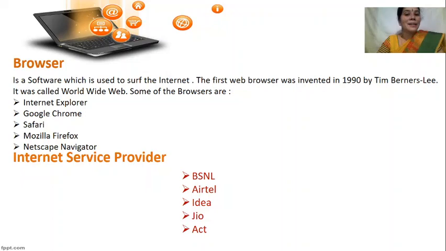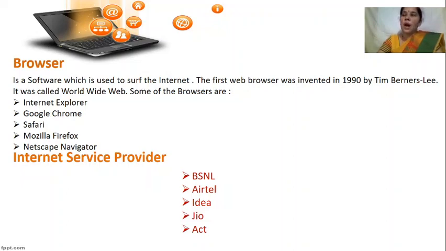How do we get connected? It is through the browser. Some of the mainly used browsers are Internet Explorer, Google Chrome, which nowadays each and every person uses, then Safari, Mozilla Firefox and Netscape Navigator.